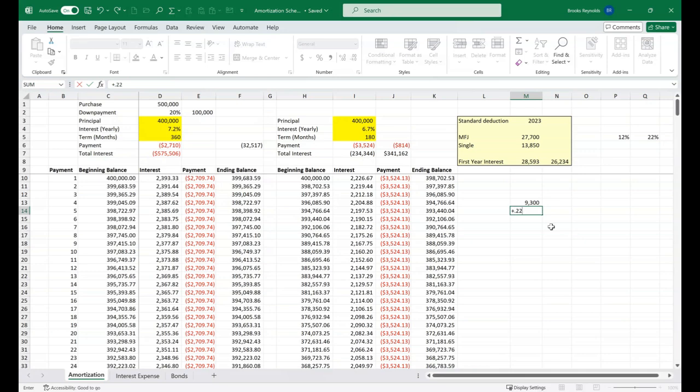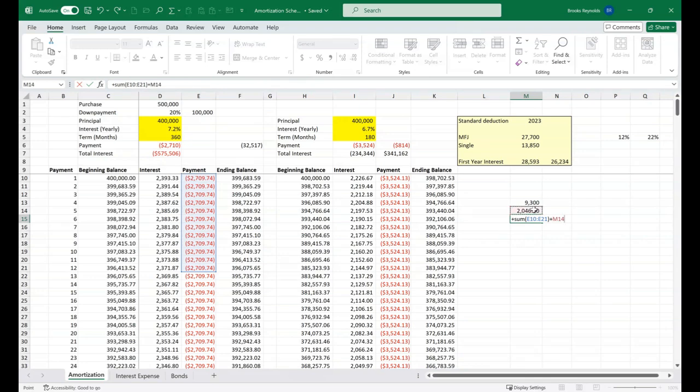So 0.22 times this means that you'll pay $2,000 less in taxes, which means that really your net interest payment is going to be the sum of these 12 months plus your tax shield.